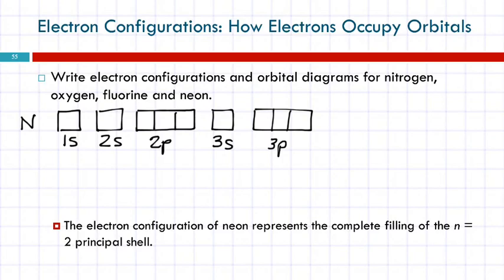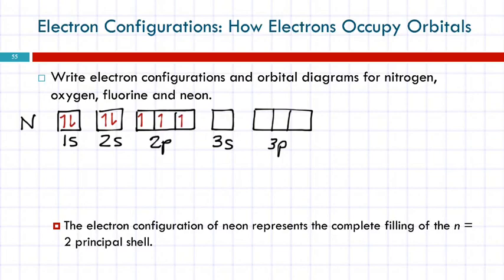Okay, so nitrogen has 7 electrons. So let's put the electrons to bed. So 1, 2, 3, 4, 5. Where's the next one going to sleep? In his own bed, right? 6, 7.